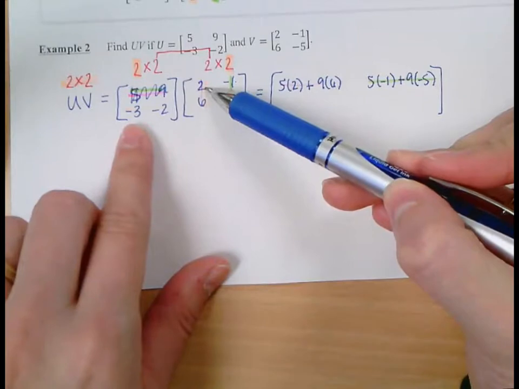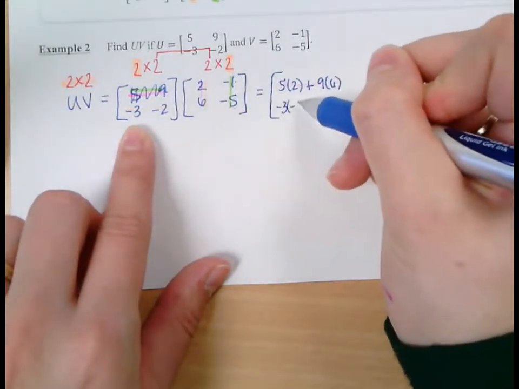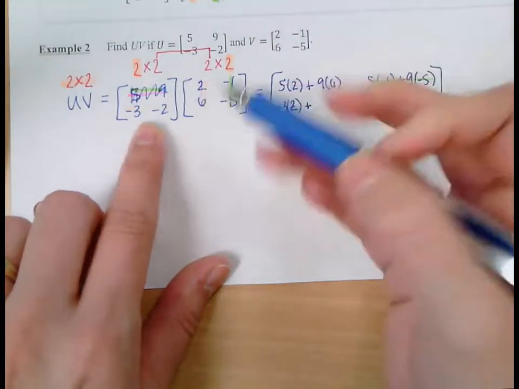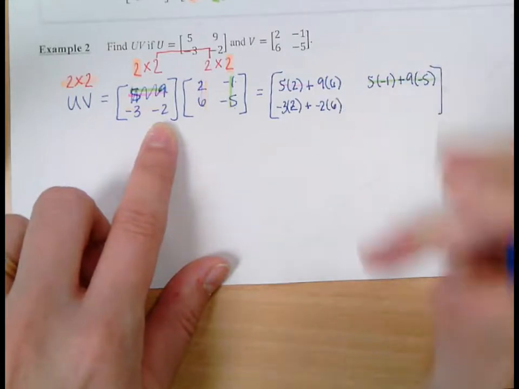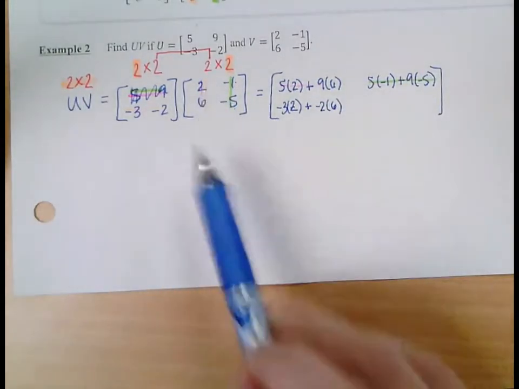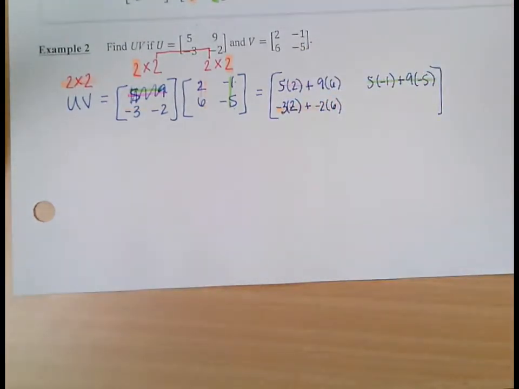So the first elements I multiply together, negative 3 times 2, plus the second elements, negative 2 times 6. And when I multiply row 2 by column 1, that goes in row 2, column 1 of my answer.